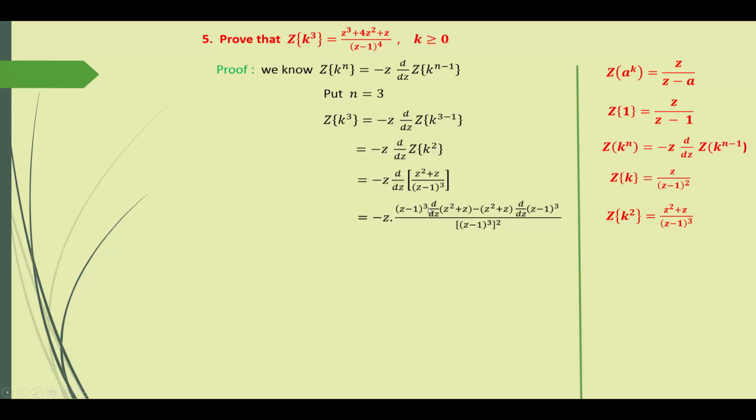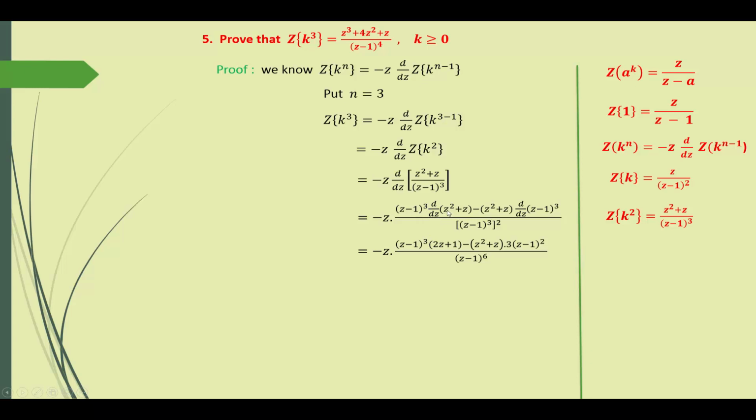So (z minus 1) cube into d by dz of (z square plus z), minus of (z square plus z) into d by dz of (z minus 1) cube, upon (z minus 1) cube whole square. Equal to minus z into (z minus 1) cube.